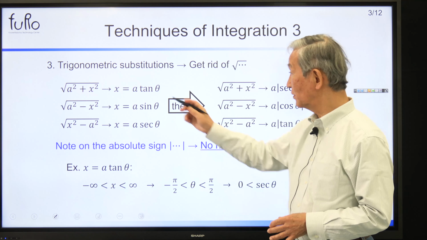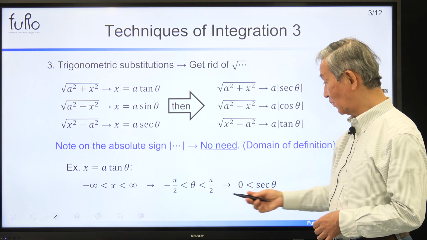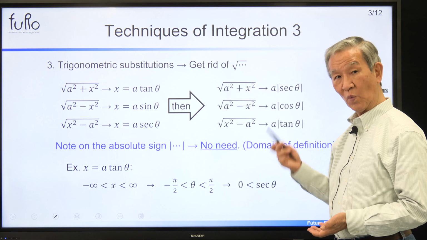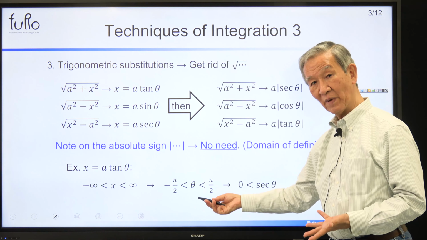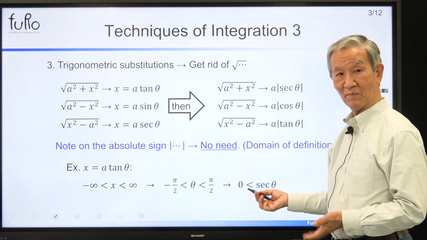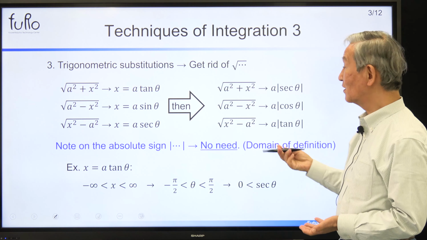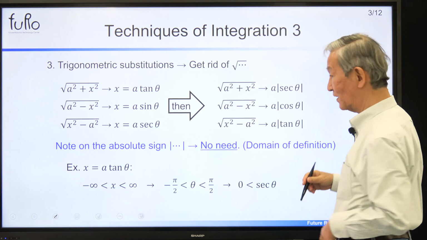So if you use tangent theta, you have this secant theta here, and secant theta is 1 over cosine. In this domain, cosine is positive, so secant theta is positive. So do you need the absolute sign here? No. It is pretty much the same way that you don't need those absolute signs as well.